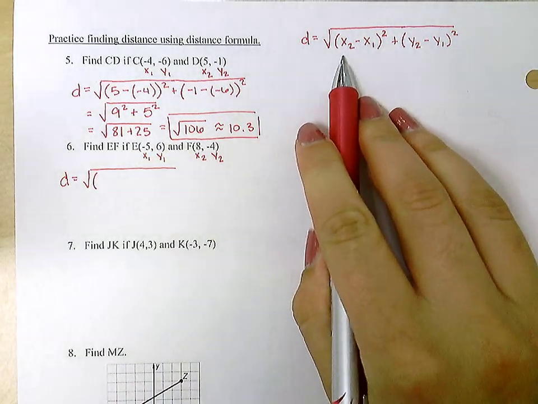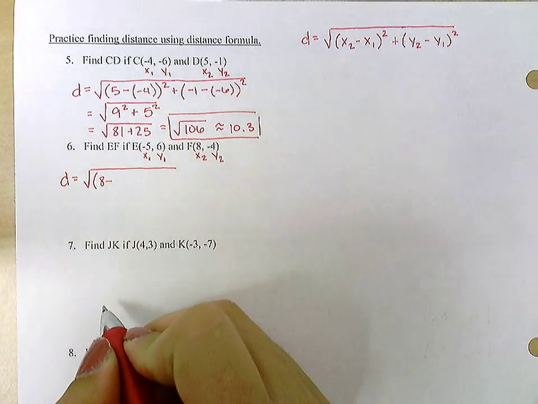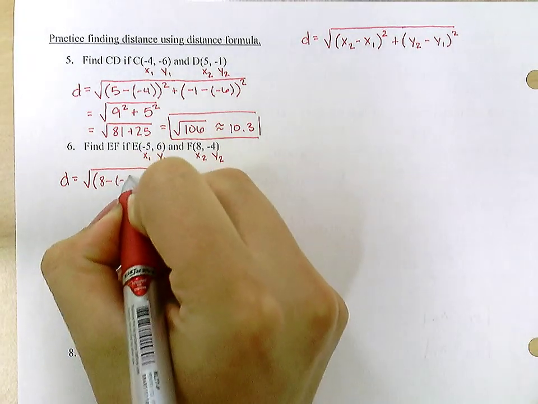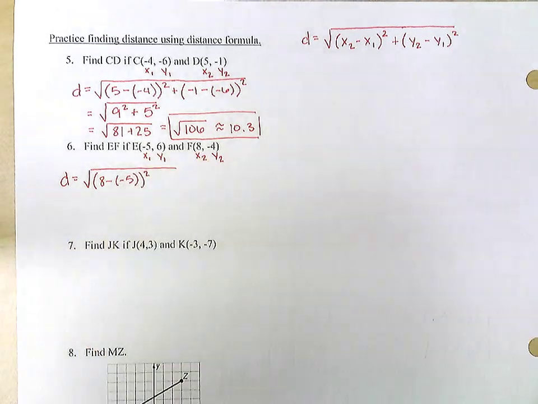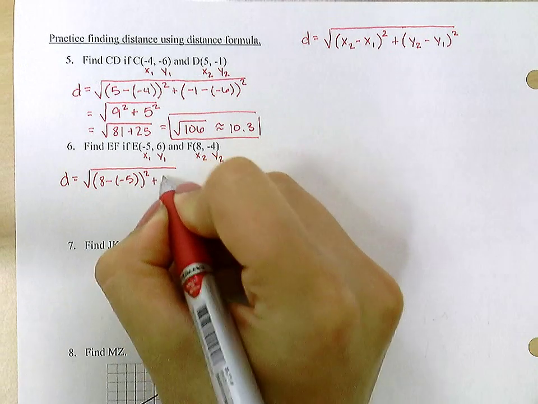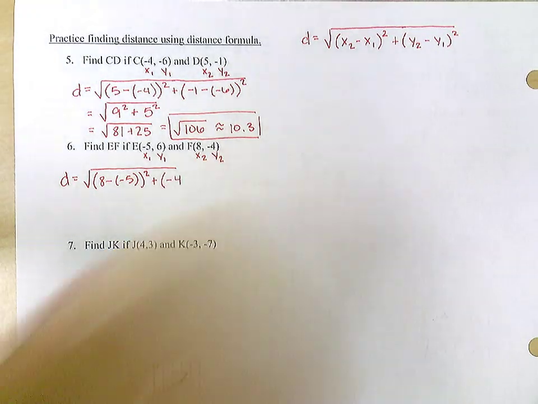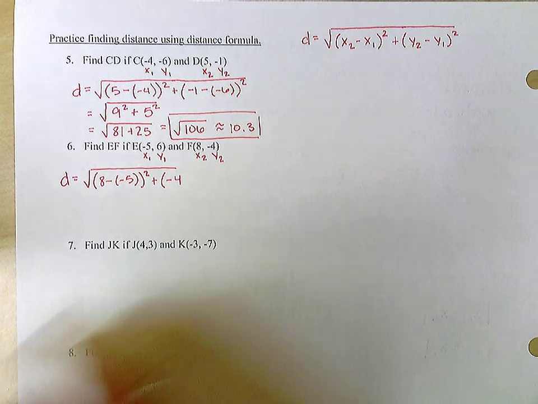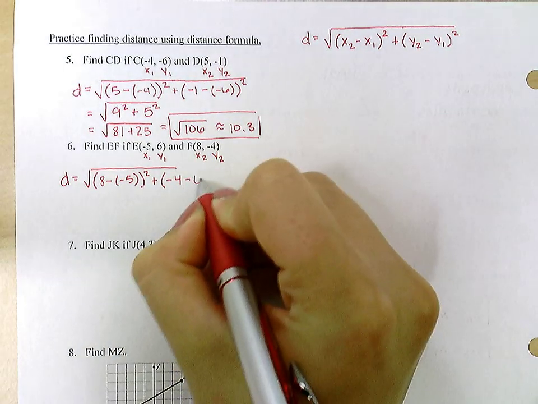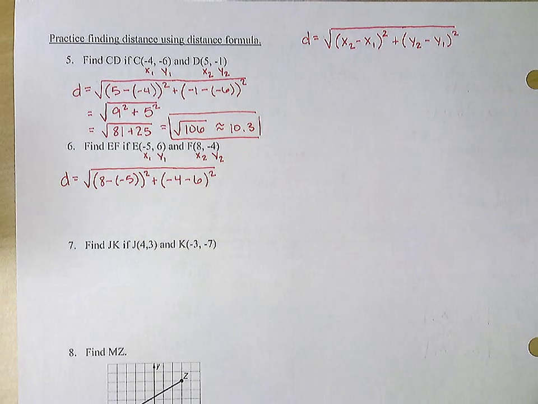So x sub 2 is first, that's 8, minus x sub 1 is negative 5, and that quantity is squared, plus y sub 2 is negative 4, minus y sub 1 is 6, and that quantity is squared.